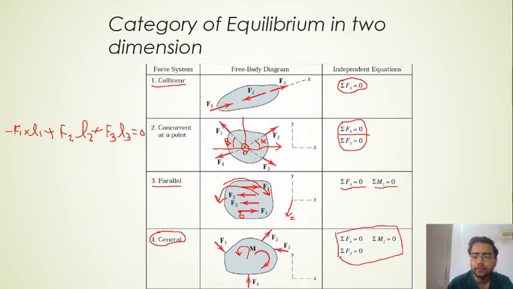It is a very general case, right? The previous three cases were not general, they were specific, and this is the very general case. So what are the obvious equations? Sigma Fx is equal to 0, the vector sum of all the forces in x direction should be equal to 0, and the vector sum of all the forces in y direction should be equal to 0. Same way, sigma Mz should be equal to 0, the vector sum of moments should be equal to 0.